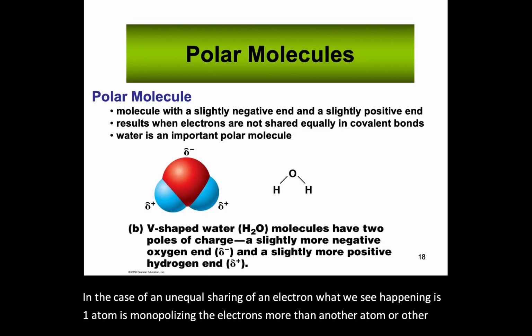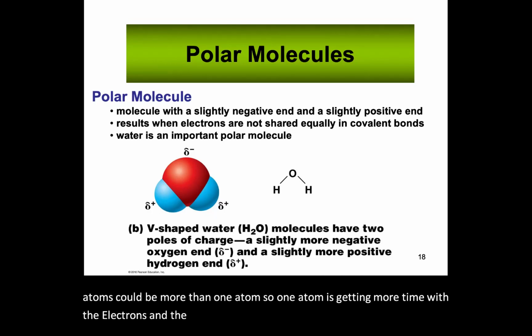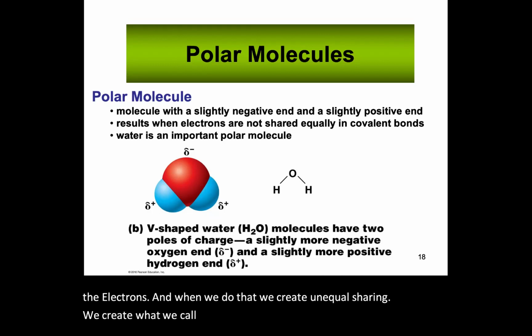Could be more than one atom. So one atom is getting more time with the electrons, and the other atom or atoms are getting less time with the electrons. And when we do that, we create unequal sharing. We create what we call a polar covalent molecule.